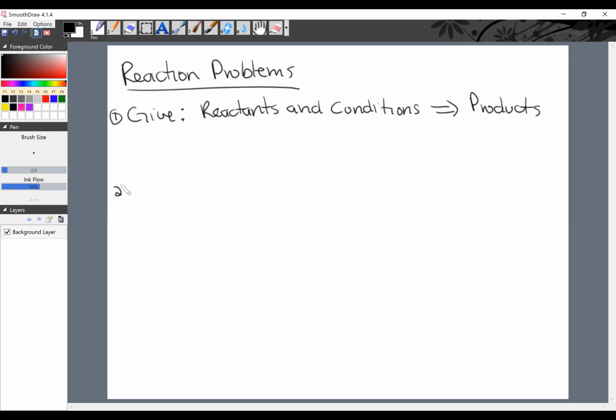Pretty straightforward. The second type, I'm going to give you the reactant. Now I have to be careful about saying reactant. Substrate is probably a better term, like we used in SN1 and SN2, but the conditions are missing. And remember that means what's above and below the reaction arrow. So I'm going to give you the reactant and the products, and you're going to give me the conditions.